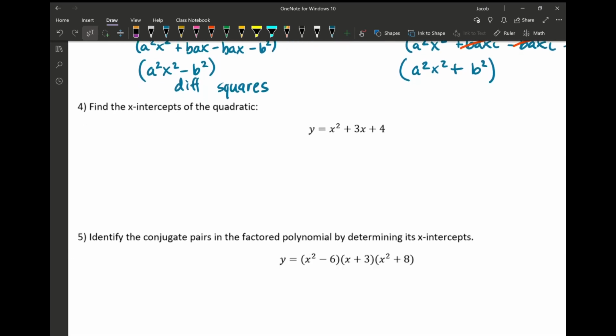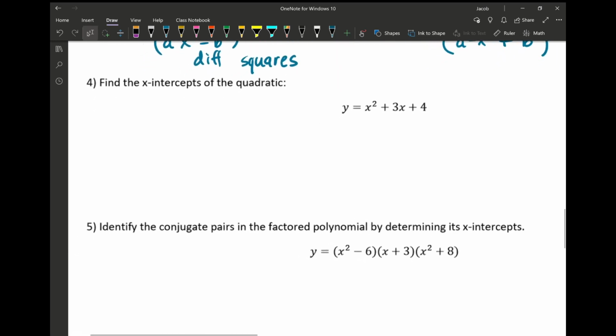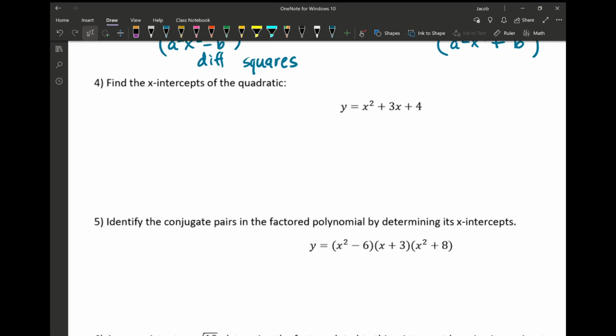But let's go back to a little bit of the basics with these imaginary numbers and complex numbers and conjugate pairs, and look at just the x-intercepts of the quadratic found here. So I'm going to find the x-intercepts using the quadratic formula. So I'm going to take 3 plus or minus the square root of 9 minus 4 times 1 times 4, over 2.